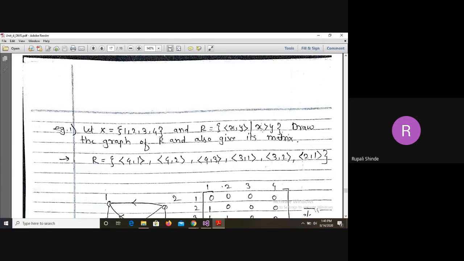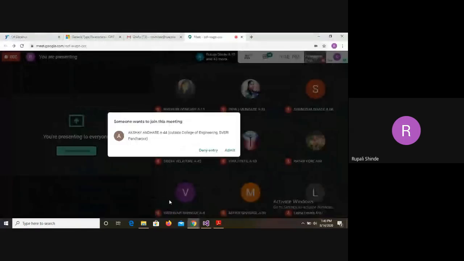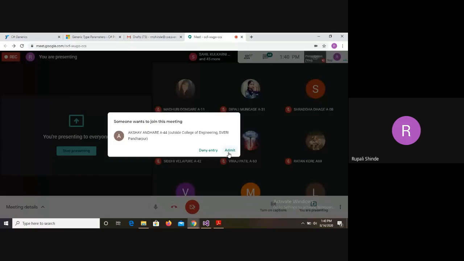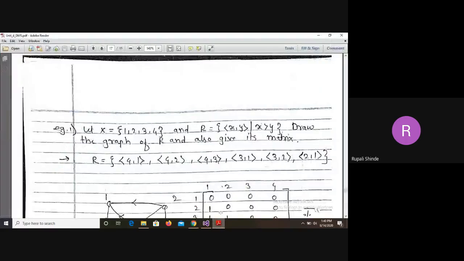Now the second ordered pair (4, 2), (4, 3), then (3, 1), (3, 2) and (2, 1). So here we have found all possible ordered pairs where the first element is greater than the second element. So till now we have just defined relation R. Now we have to find the graph of R and the matrix for the given relation.